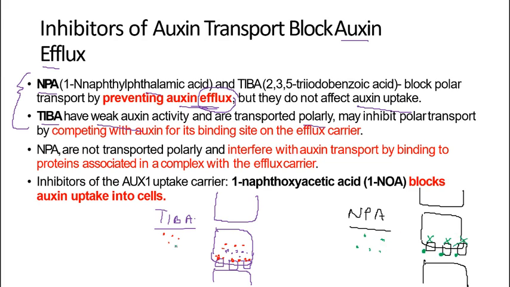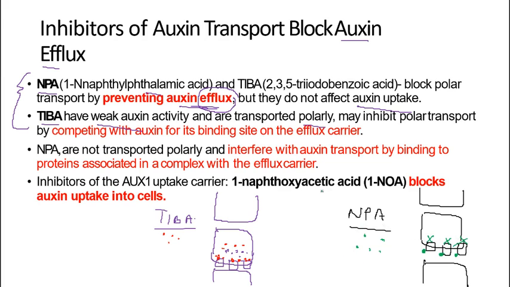TIBA has a weak auxin activity which competes with the auxin; they themselves occupy the site of the PIN and do not allow the efflux of auxin. NPA binds to any proteins which are responsible in auxin efflux.